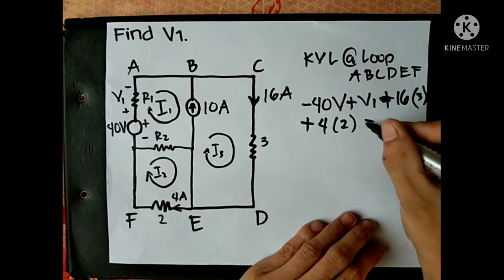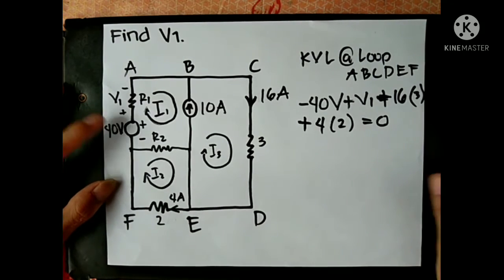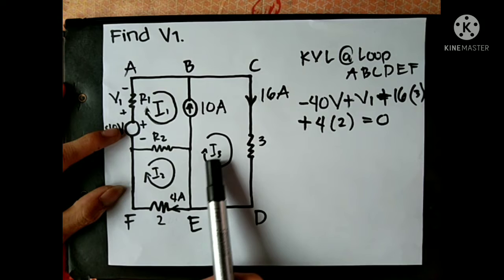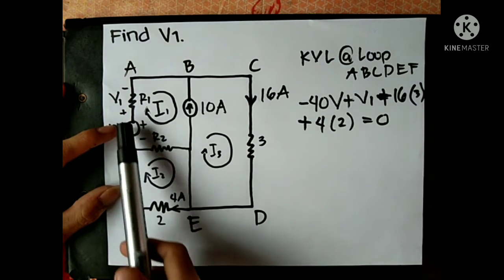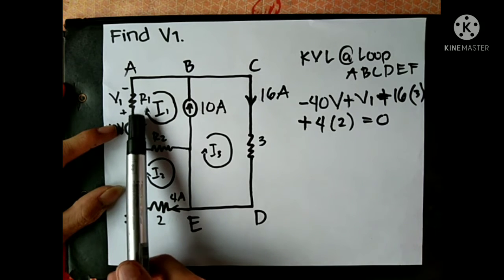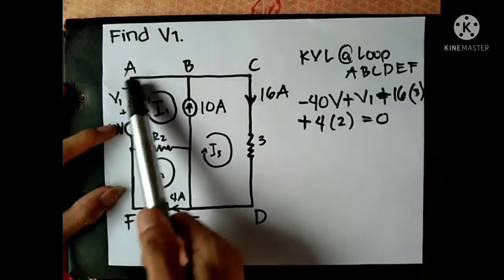We don't have to use the inside of this circuit, because we only have to take the voltage from V1, so we only need the loop ABCDEF.